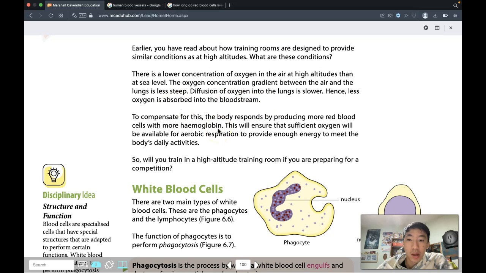For people who are adapted to living in mountainous conditions, their body actually produces more red blood cells with more hemoglobin. This ensures that sufficient oxygen is available for aerobic respiration to provide enough energy to meet the body's daily activities.